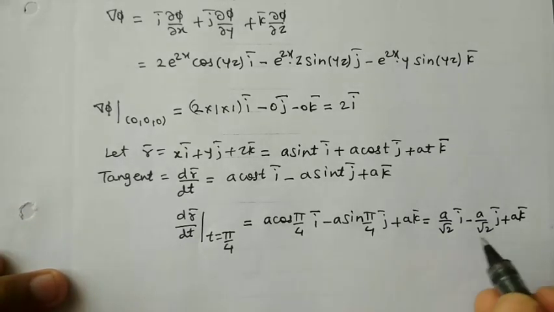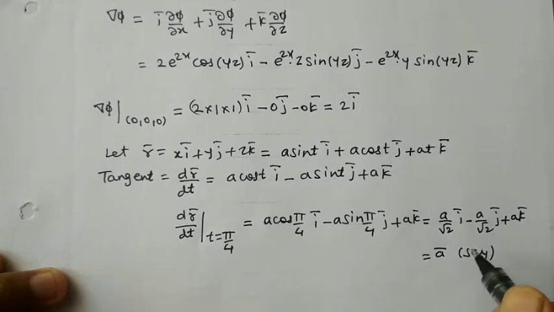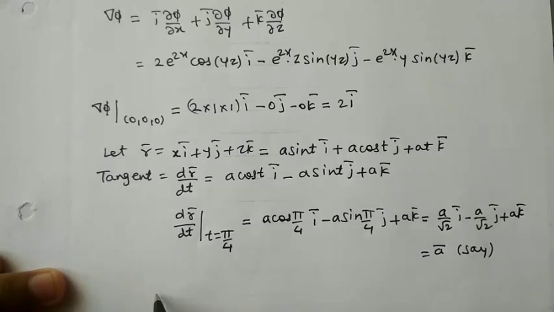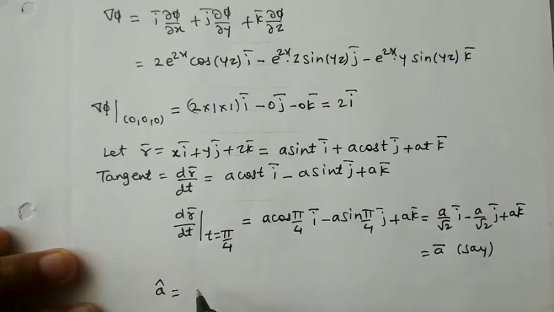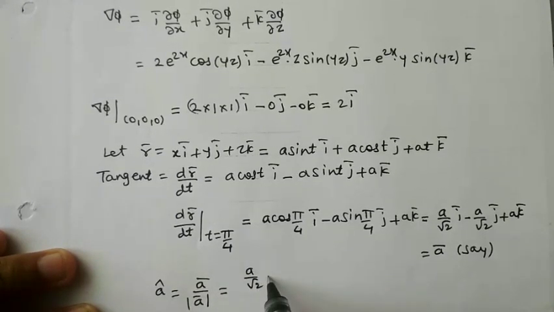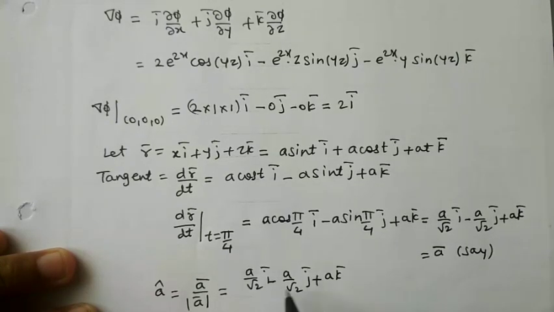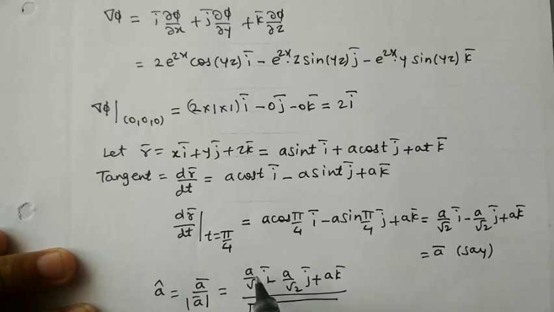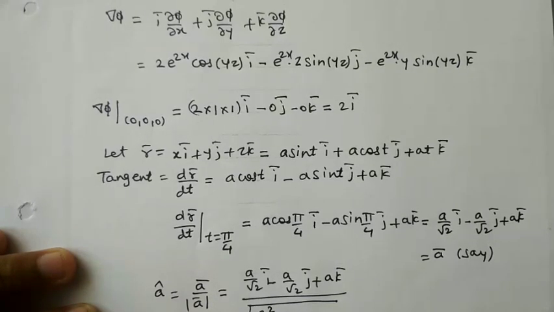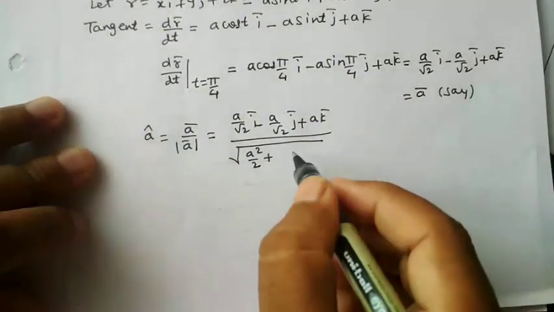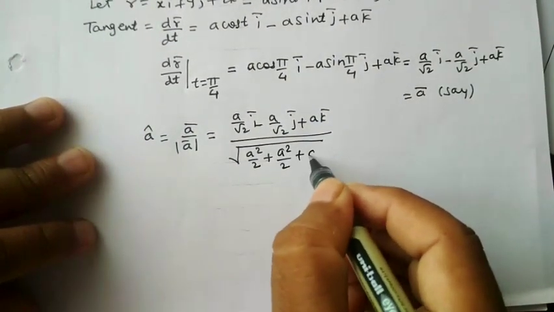Now we suppose this vector is a bar, because we have to find the directional derivative along the direction of this vector. Now we calculate a cap, the direction of the vector, which is a bar upon mod of a bar. This is a upon root 2 i bar minus a upon root 2 j bar plus a k bar, upon the magnitude: under root of (a upon root 2) squared, that is a square by 2, plus (a upon root 2) squared, again a square by 2, plus a square.